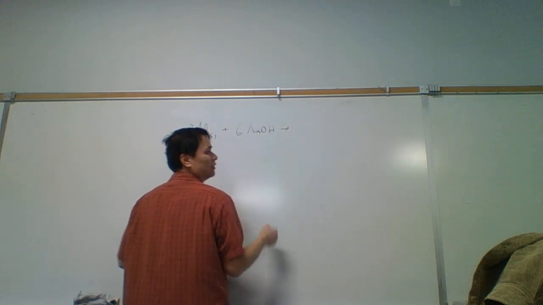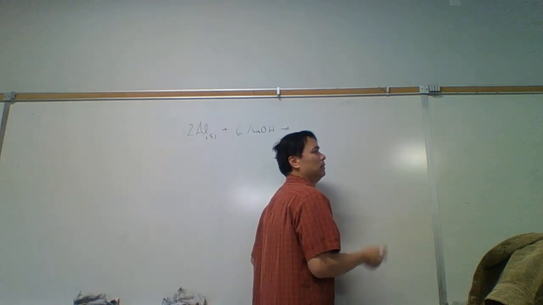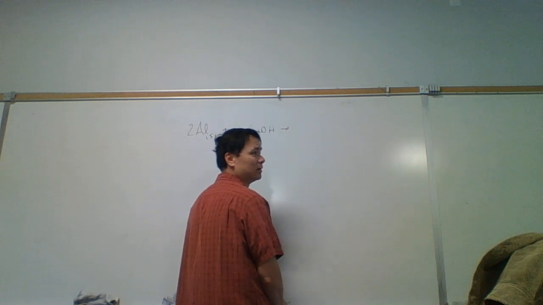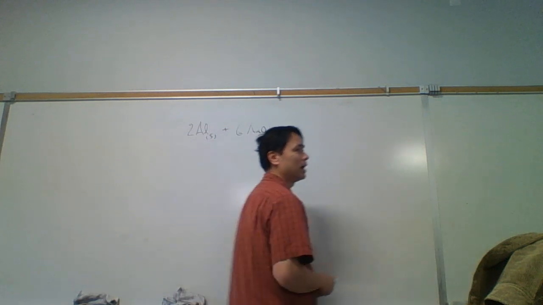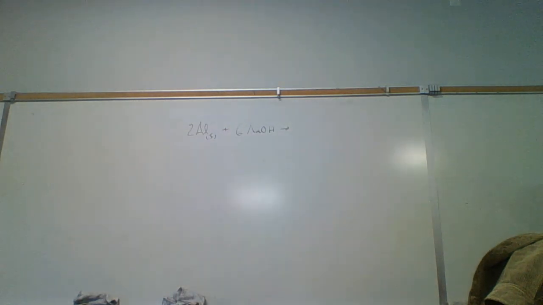Yields. Okay, now that species there, what would you put for it? Well, we know what the cation's called. It's the sodium cation. The anion is a bit tricky though. It would be an aluminate.